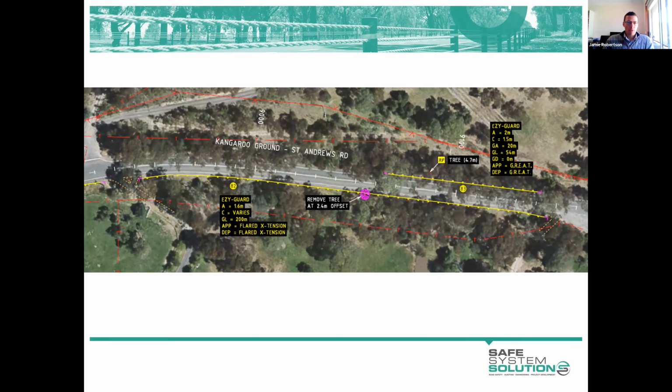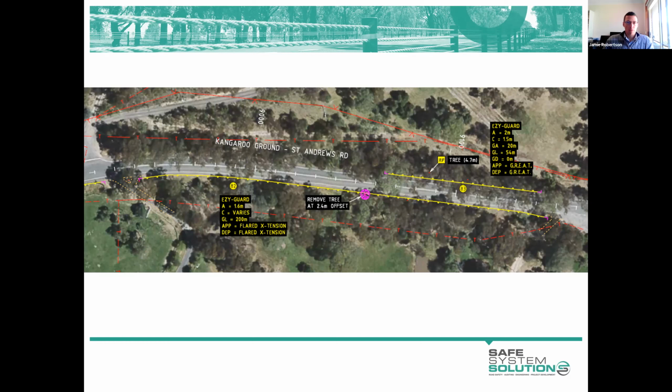In a retrofit, we typically don't have the luxury of providing generous barrier offsets. So we're basically doing the best that we can within the constraints of the site. We also don't have survey information typically, and we will therefore present our design on an aerial photo base often.